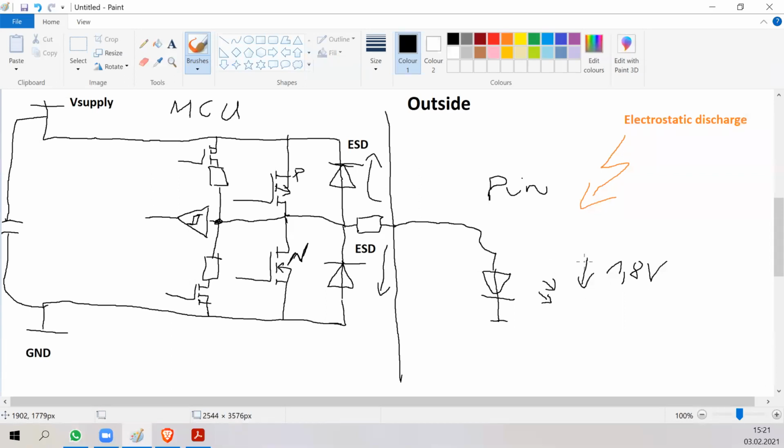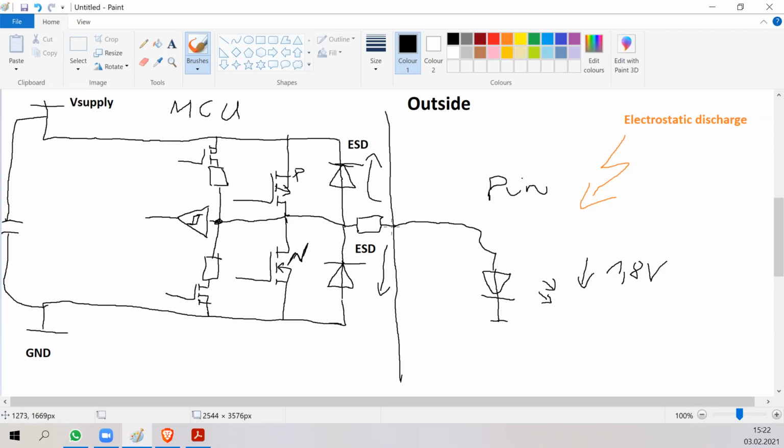However, modern LEDs are so bright that even a small current actually displays some light. So you can do it if you're really, really cheap and you don't want to put an external resistor. Okay, so we have input, output, and a pin which can be used for both input and output.